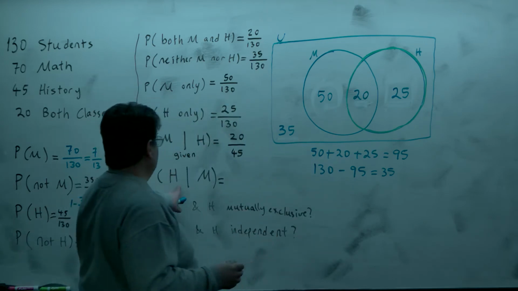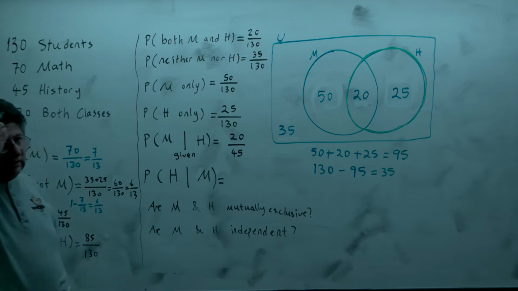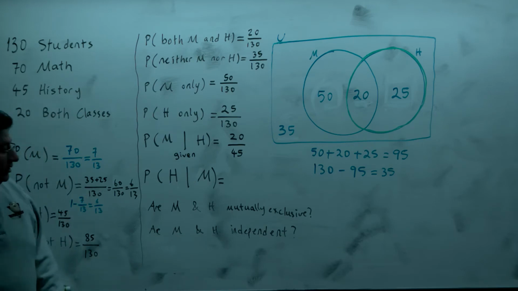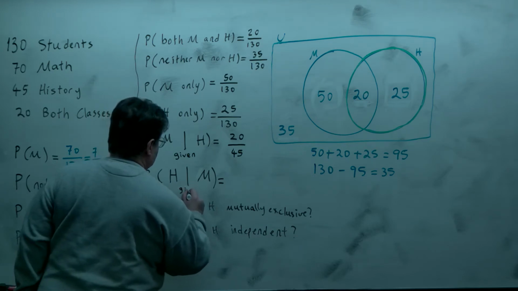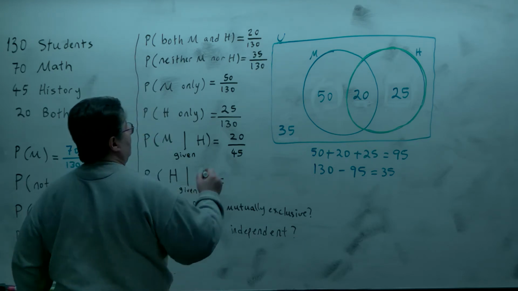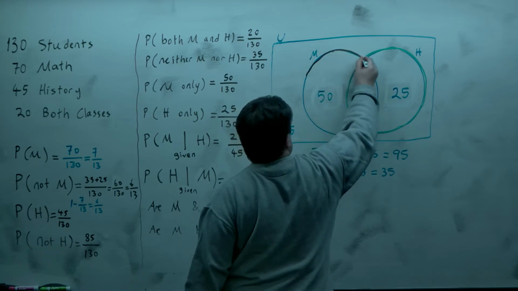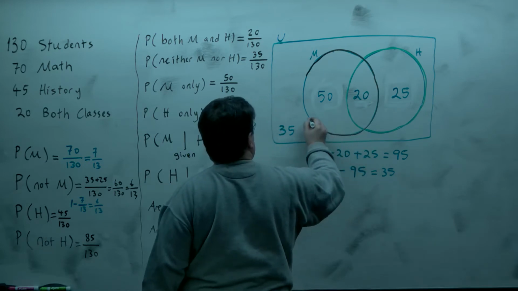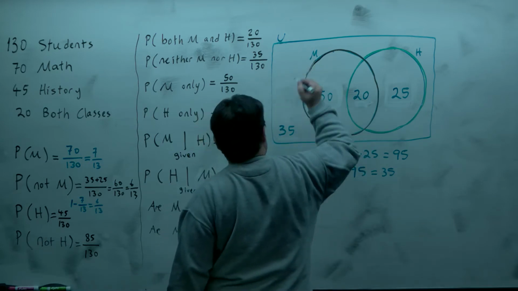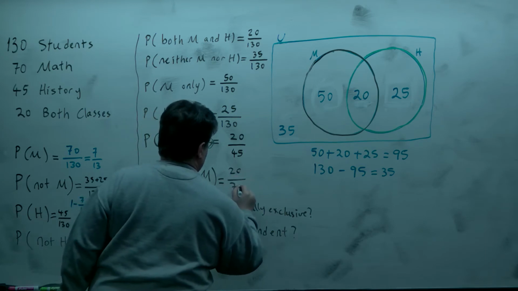Now, what is the probability that a randomly selected student takes history, given that he or she is taking math? Now, this time, we are interested in this part. 20 divided by 70. Very good.